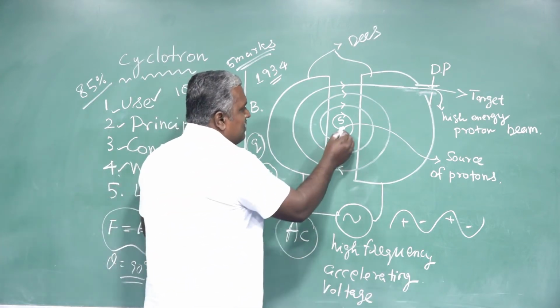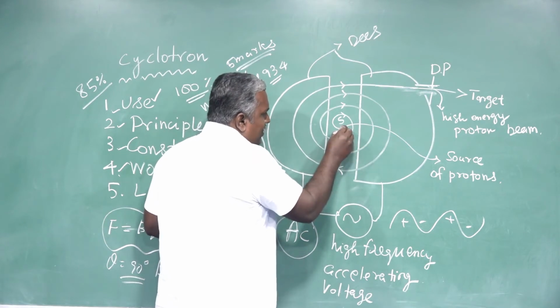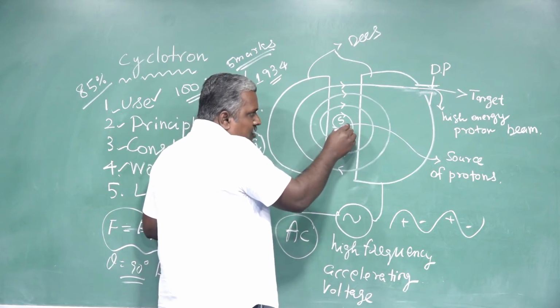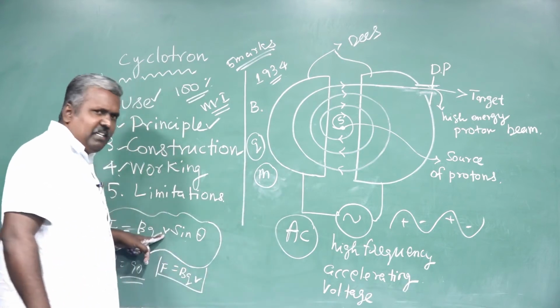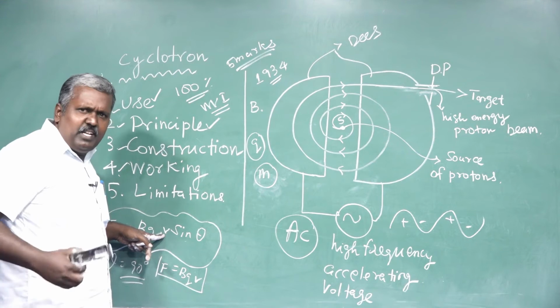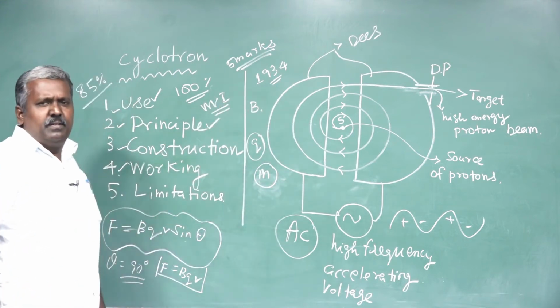So already told you, for example, here this is the source of ion, for example a proton coming out like this. Okay, it starts moving, traveling. So here we present the particle. So it experiences the magnetic Lorentz force or not? Yes, compulsorily it experiences it because it is moving. Clear?